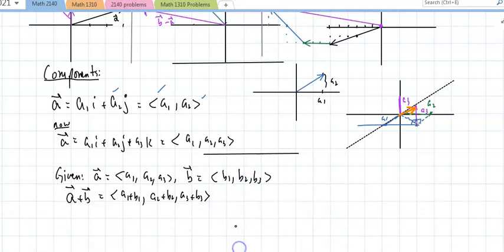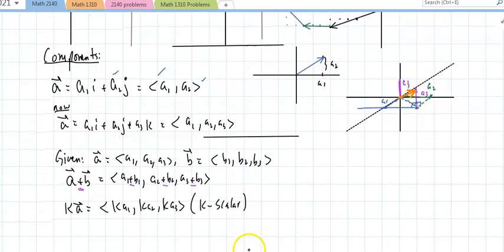Also, if you put a minus right there, then you really subtract the components in that specific order. If I take k and multiply it by vector A, that would be kA sub 1, kA sub 2, and kA sub 3, where k is a scalar, kind of like a constant in real number operation.